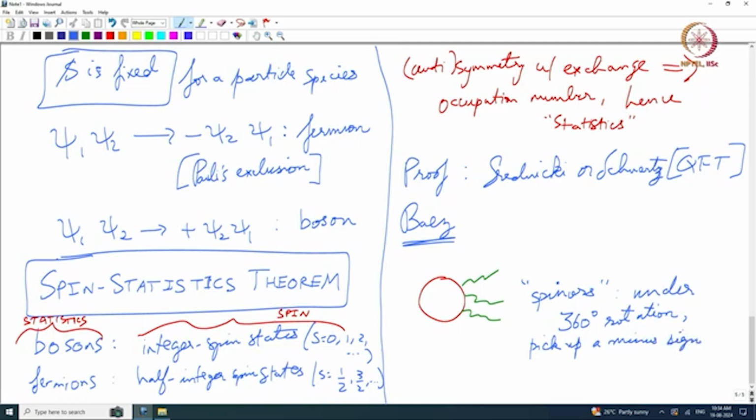Correct? So if I rotate a fermion in real space by 360 degrees, it does not come back to itself, it picks up a minus sign. Okay? So that can be represented with this ball with strings attached.